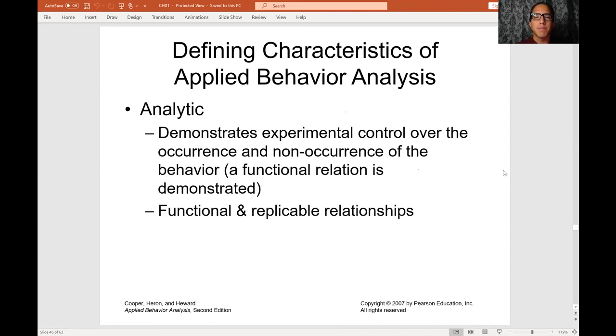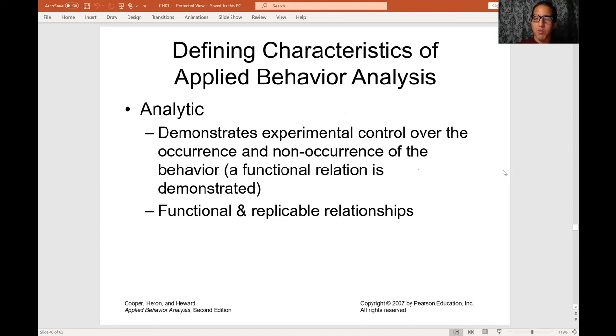Analytic demonstrates experimental control over the occurrence and non-occurrence of behavior. A functional relation is demonstrated. Functional and replicable relationships, right? So again, applied behavior analysis, it has it in its word, we're trying to demonstrate with experimental control the utmost level of scientific understanding, the occurrence and the non-occurrence of behavior.